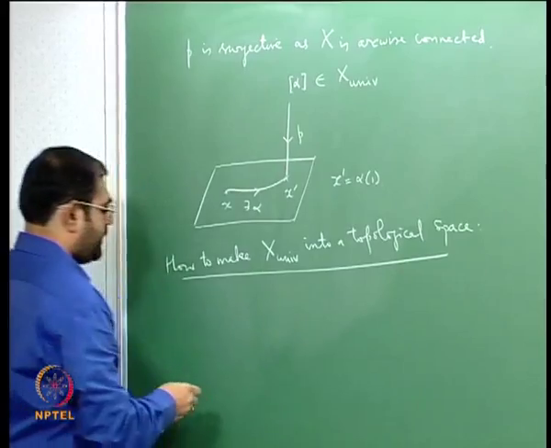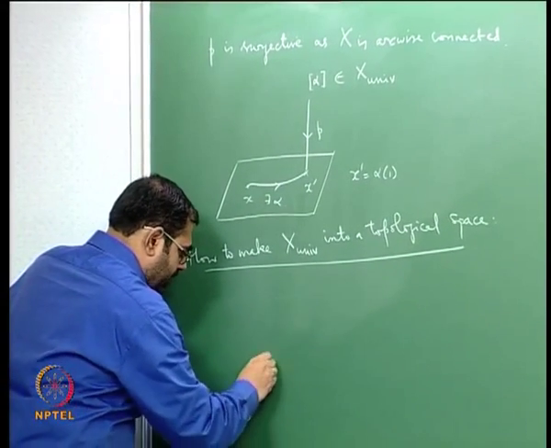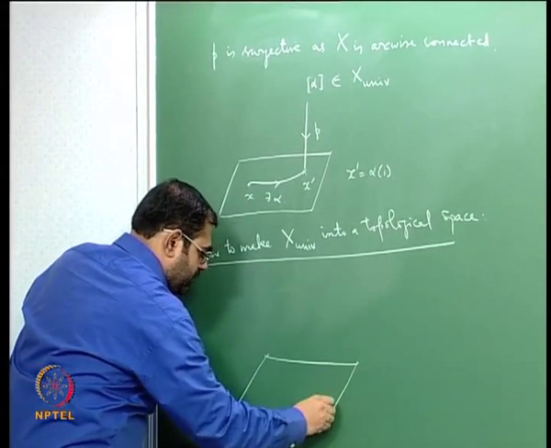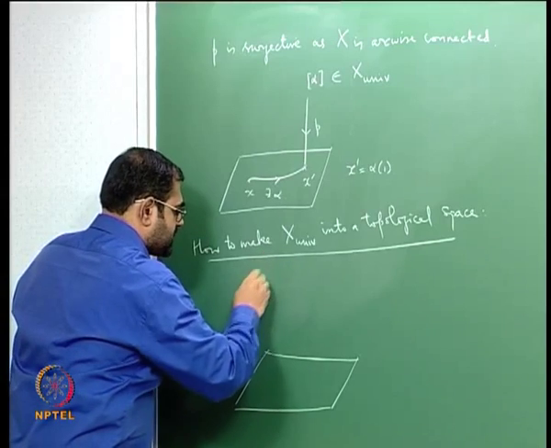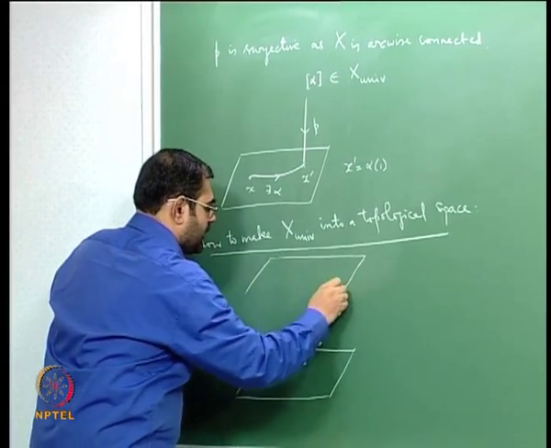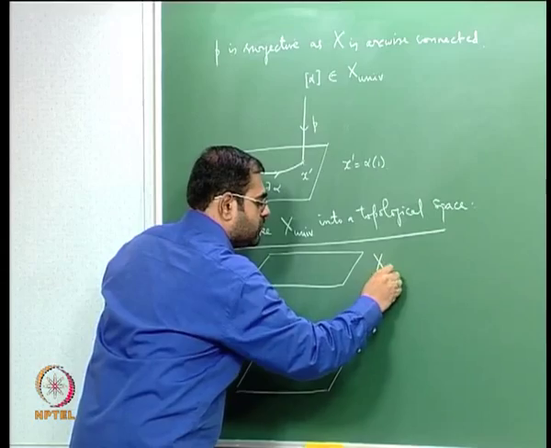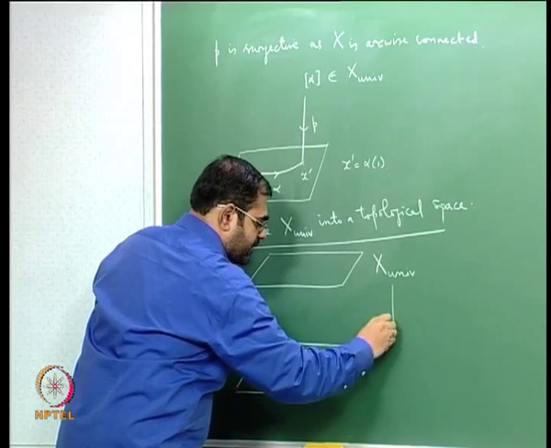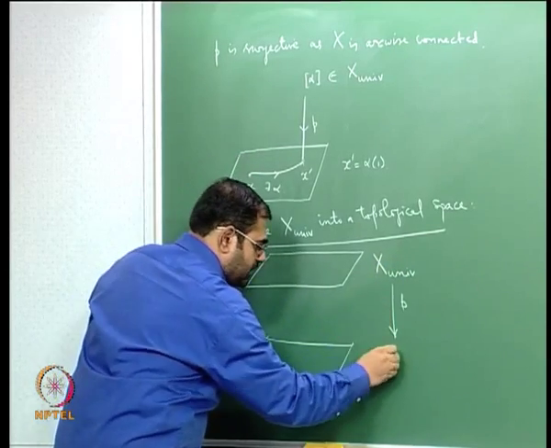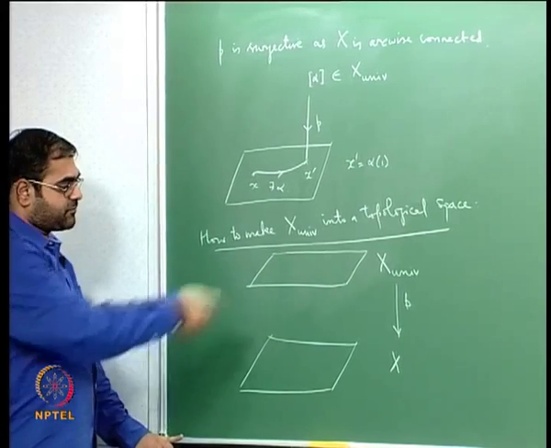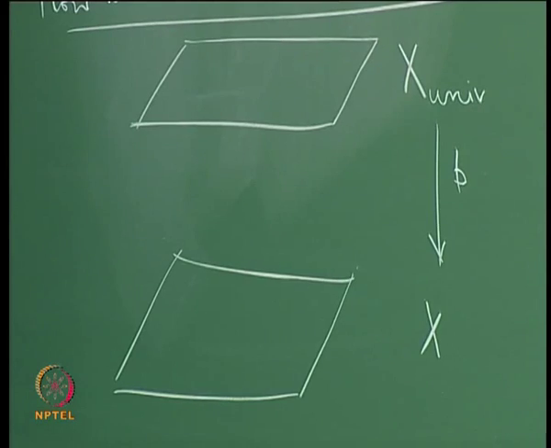So it's done in a very obvious way. Here is my set above, which I am trying to turn into a topological space, and of course in a way in which this map P becomes continuous. So this map P is also to be thought of in this process.